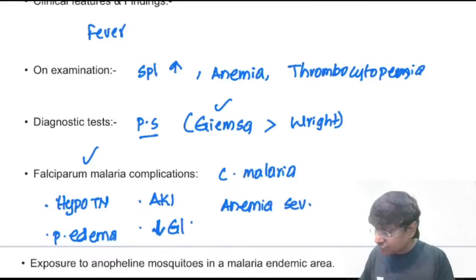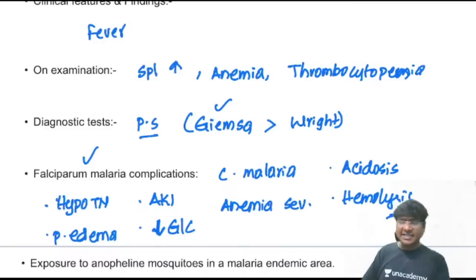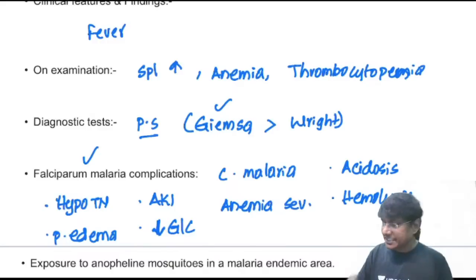Then there will also be hypoglycemia, acidosis, and also hemolysis. Because of this hemolysis, you get what is called black water fever.